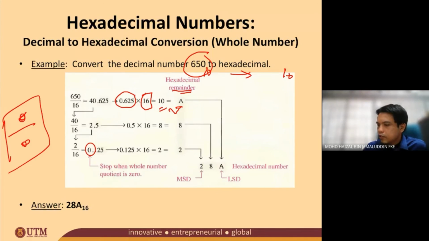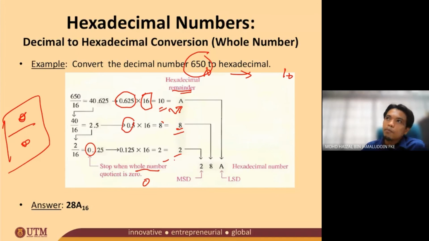And you carry on. So you take the 40 divided by 16, and you take the remainder is 0.5, you time with 16, you get 8, okay? And 2 divided by 16, so you stop when the whole number is 0, and 0.125 here, you time by 16, you get a 2, and you take the MSD. MSD is most significant digit.